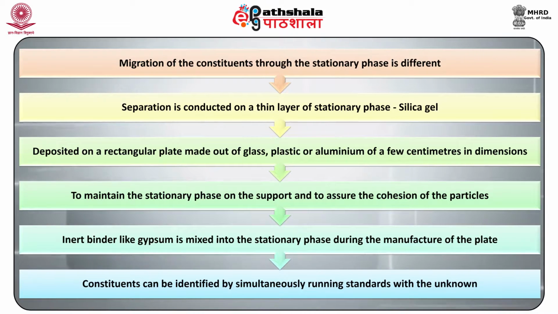To maintain the stationary phase on the support and to assure the cohesion of the particles, an inert binder like gypsum is mixed into the stationary phase during the manufacture of these plates.